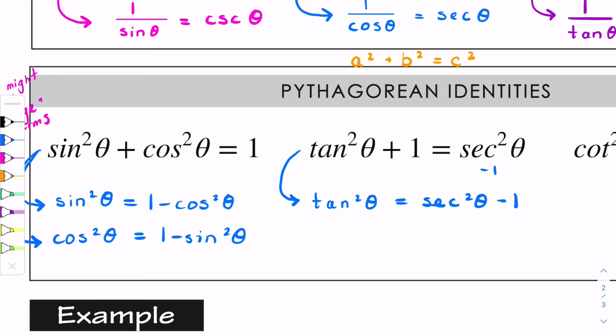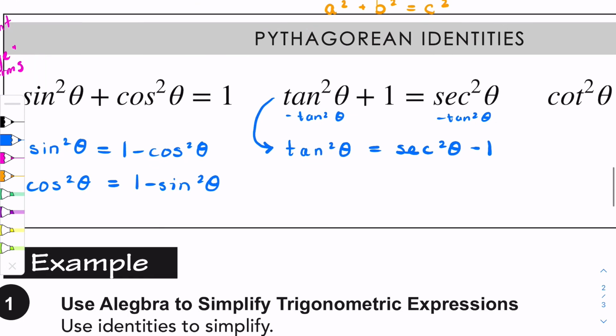Or we could subtract tangent squared from both sides, and we could say that 1 is equal to secant squared minus tangent squared. So our one identity just gave us two more.